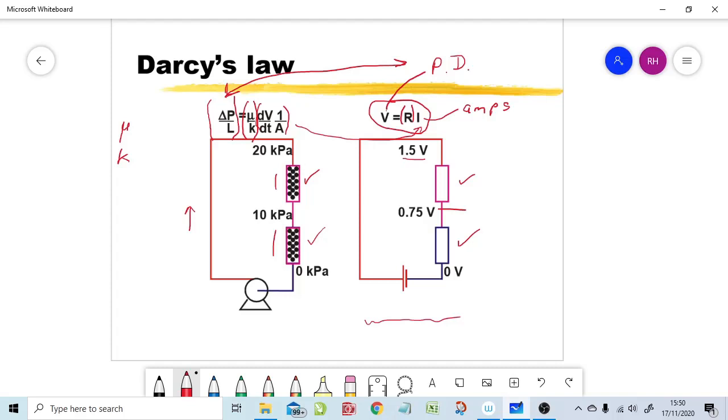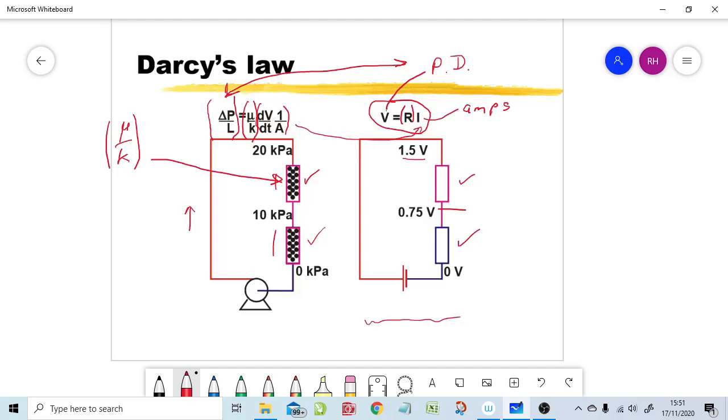Again, that makes an awful lot of sense. So it does make sense that the resistance to fluid flow is a property of the fluid, that's the viscosity, divided by a property of the solids inside the porous media, that being the permeability of the porous media.